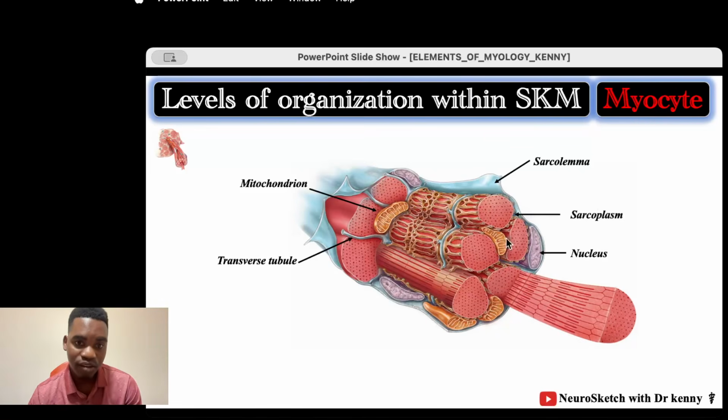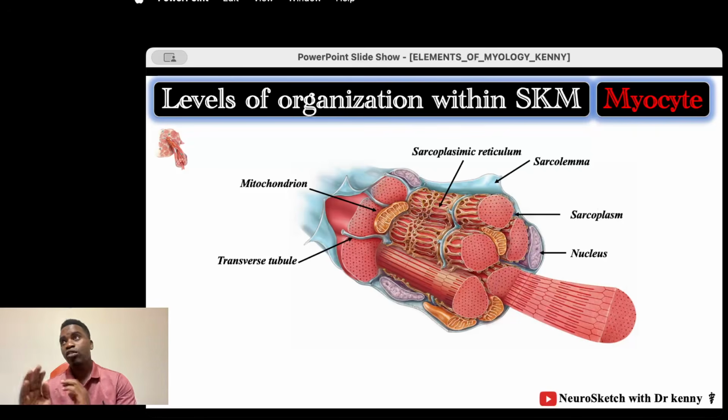Of course, you see we have a lot of these mitochondria, but that will be a basic cell. It also has the sarcoplasmic reticulum. It is almost the same as the endoplasmic reticulum, which you can relate to, but this is a muscular cell.